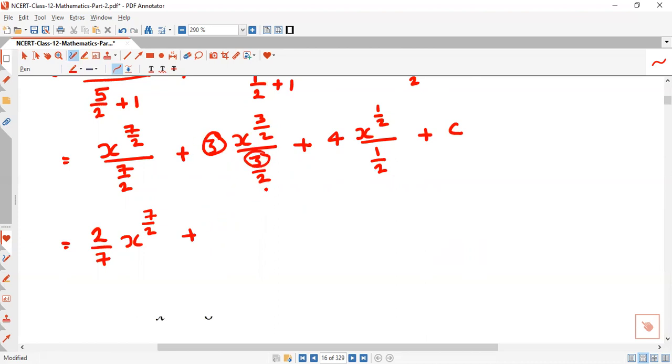So it becomes 2 goes to the upper side, 2 x raised to 3 by 2 plus 4 and 2 multiplied gives 8 x raised to half plus some constant c. This is the answer.